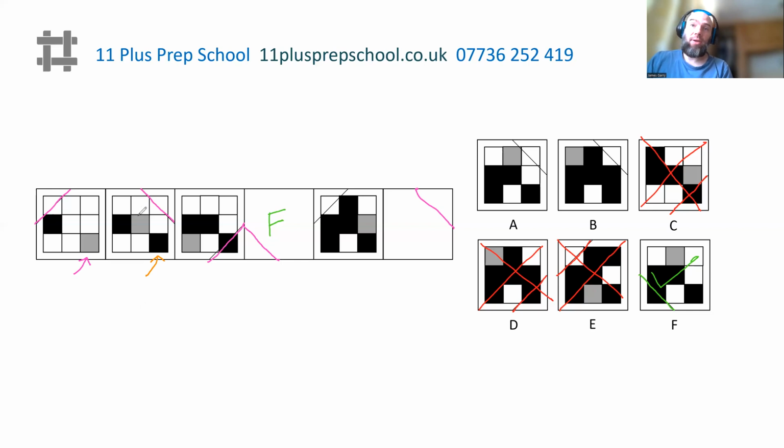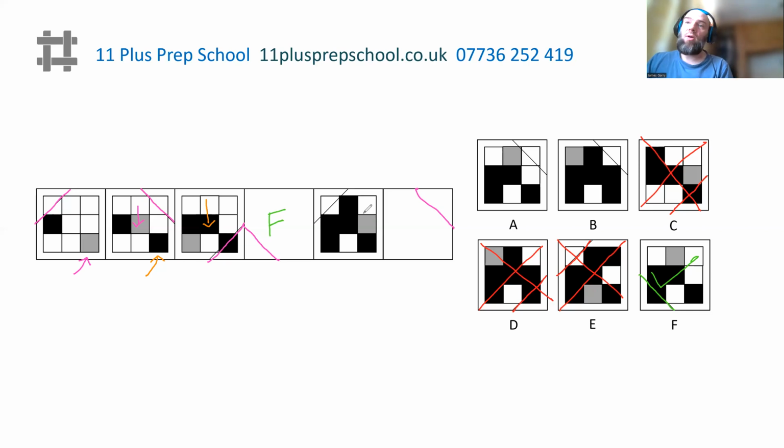Let's test that theory. In the second series figure, we have our gray square slap bang in the middle of our 3x3 grid. In the third series figure, slap bang in the middle of our grid, we have a black square. So now we know what's going on.